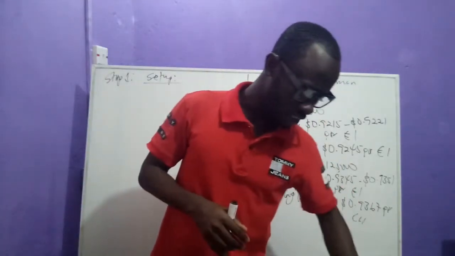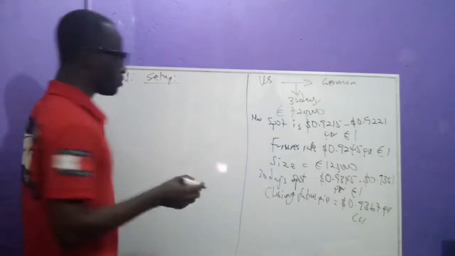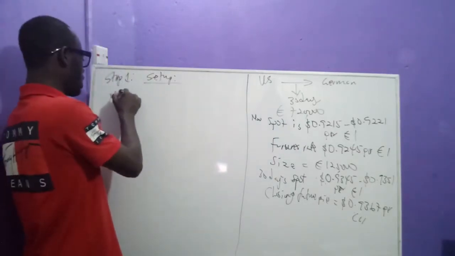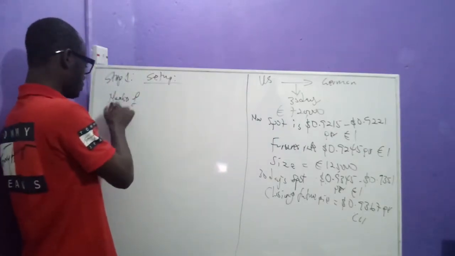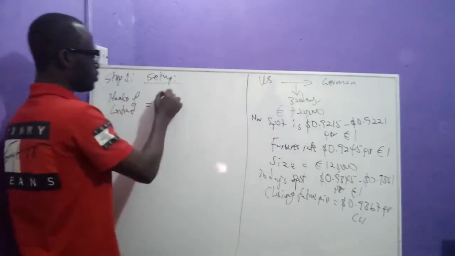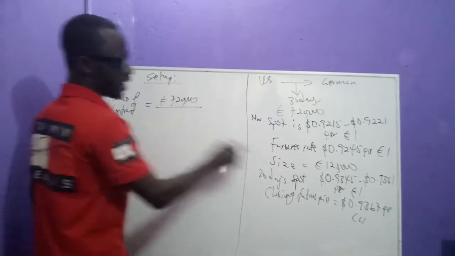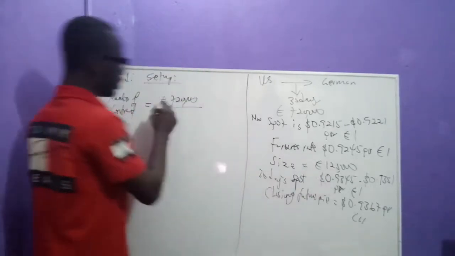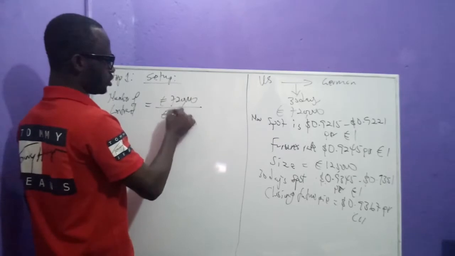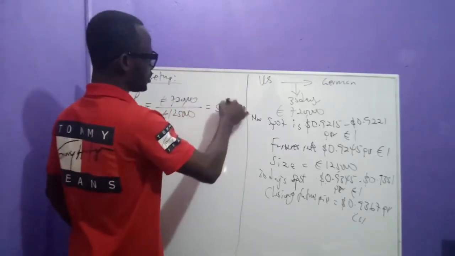Then we need to ask ourselves, what is the number of contracts we need to buy? The number of contracts will be equal to how much money we're going to be paying, 720,000, divided by the size of each contract, 125,000, and that is going to give us 5.76.